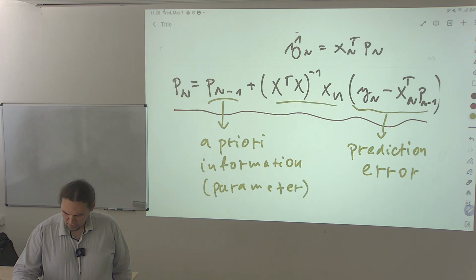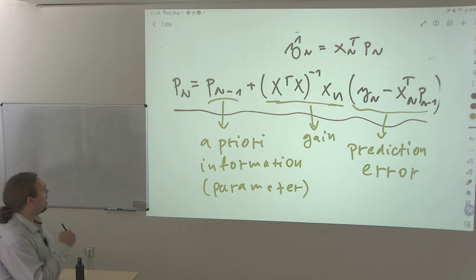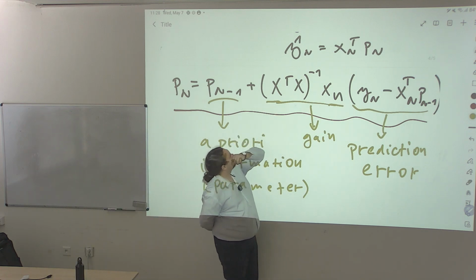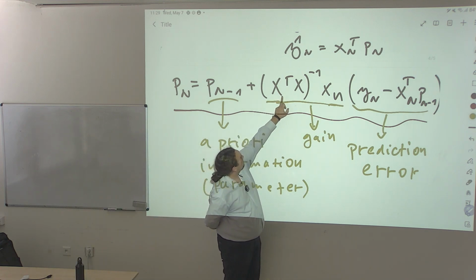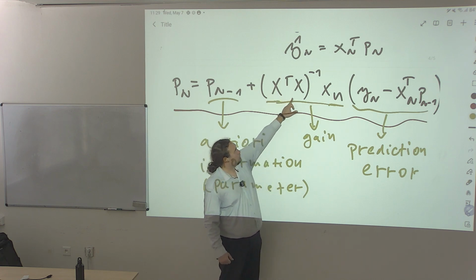And of course some gain. If you observe this gain closely, what we have here is the number of the historical values of x.